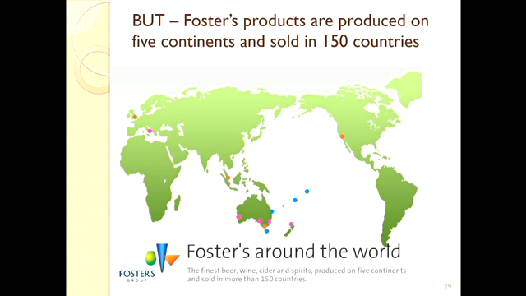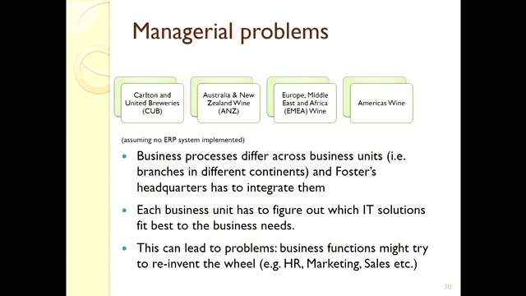Because otherwise, how can they make sure their production process and sales process go smoothly? But what's the problem of that?